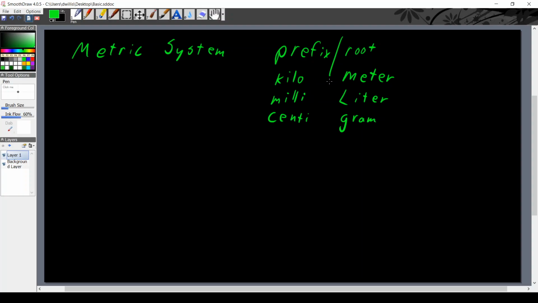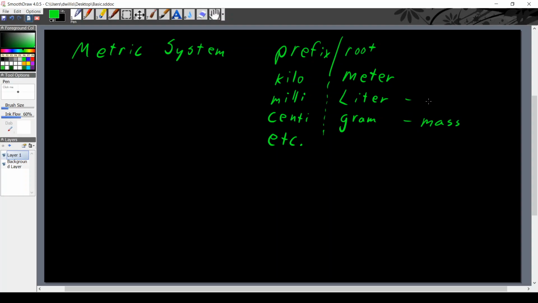Now, as we look at our prefixes, there are many other prefixes that could come into play. So those are not the only prefixes that are available. And of course, these are not the only roots, but meter, liter, and gram tend to be the three most common that you will encounter. And of course, the gram is the unit of mass.